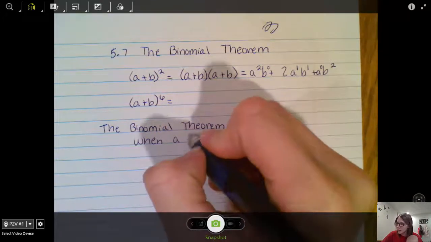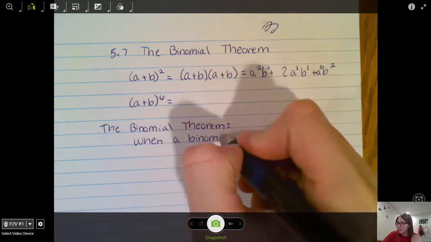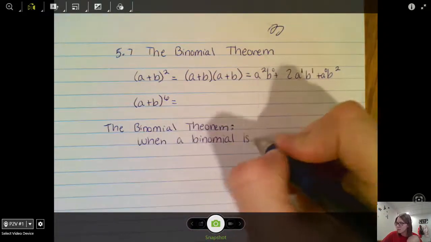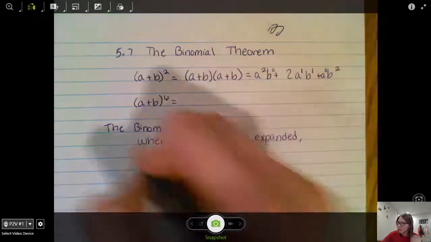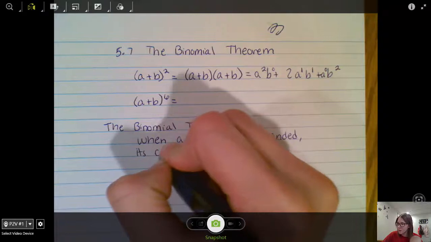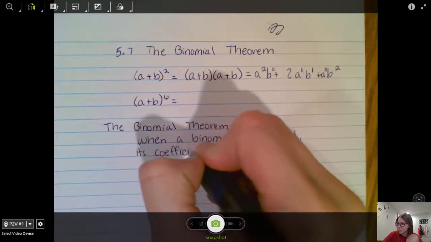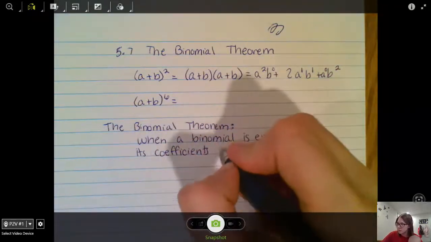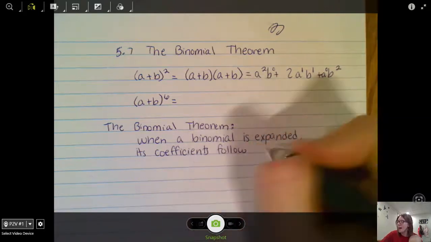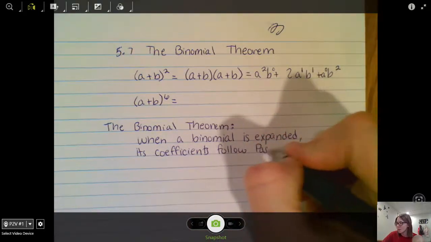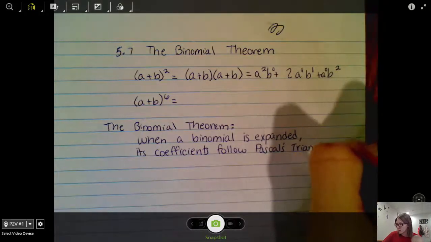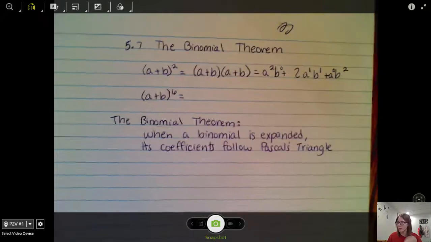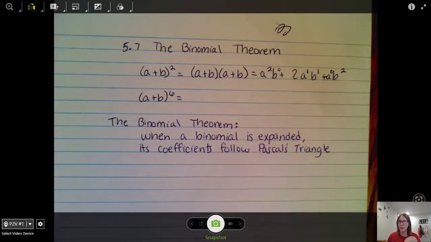When a binomial is expanded, its coefficients follow Pascal's triangle.